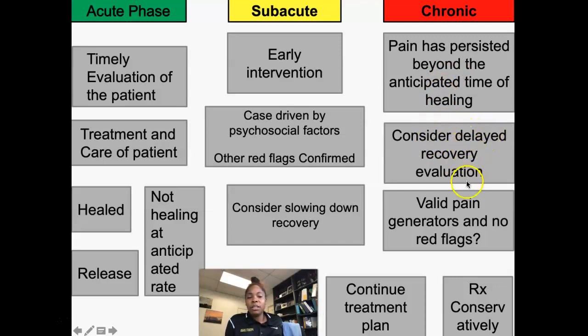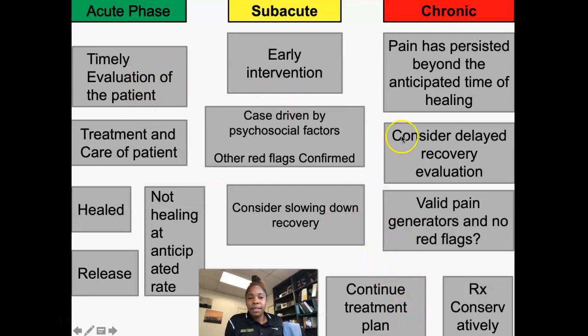And really truly what we look at is, okay, what things are causing the pain? What are the pain generators? Is it the thought of returning to activity? Is it movement based? Is it static based? What is it? And then from there we have to figure out, okay, treat conservatively, and maybe even refer out, right, to ensure that we didn't miss anything along the way.